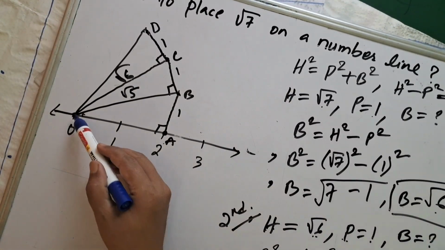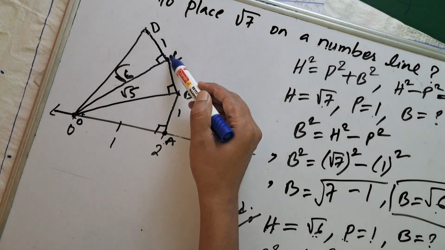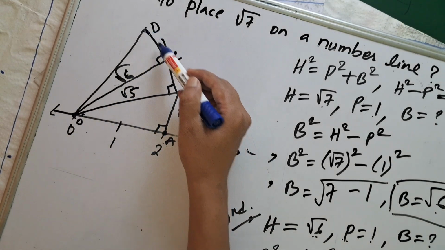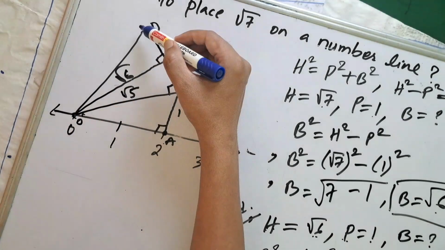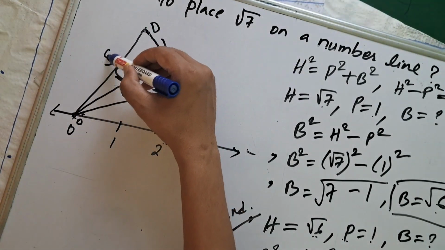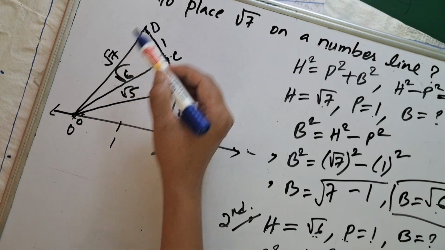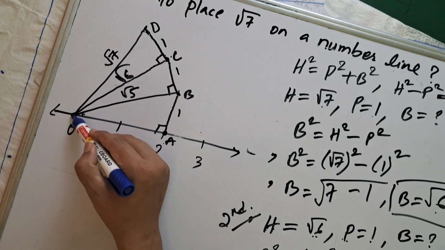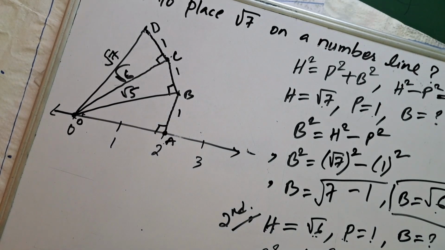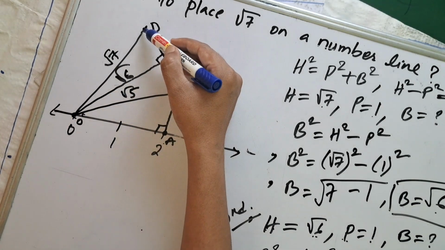So OD is root 7. We got root 7 here. The length of line segment OD is root 7.